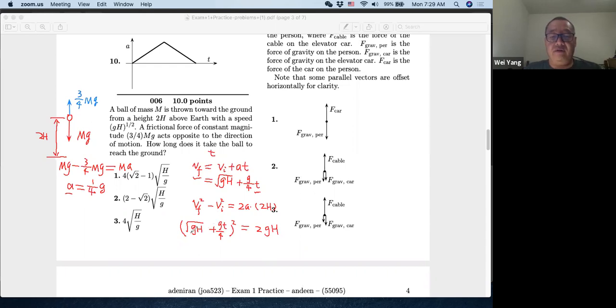Now let's square this left side. Expand this left side. We got gh, then plus g times square root of gh over 2, then times t, plus g squared over 16 times t squared equals 2gh.